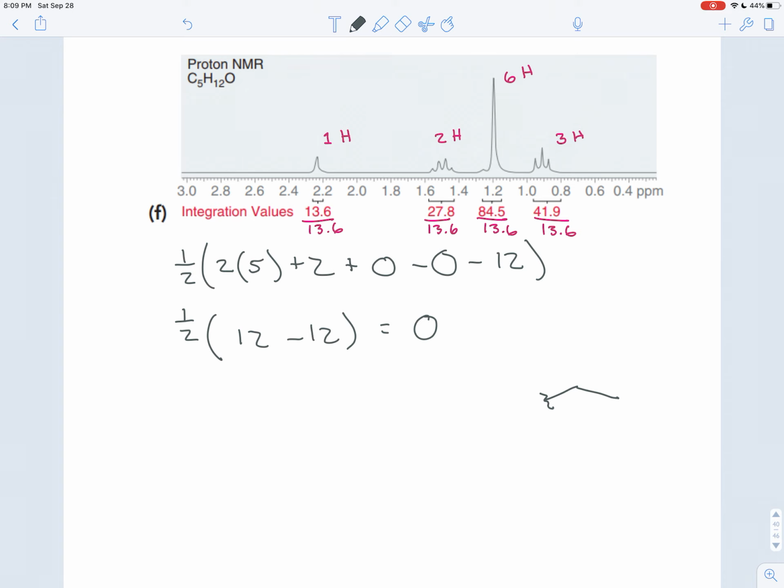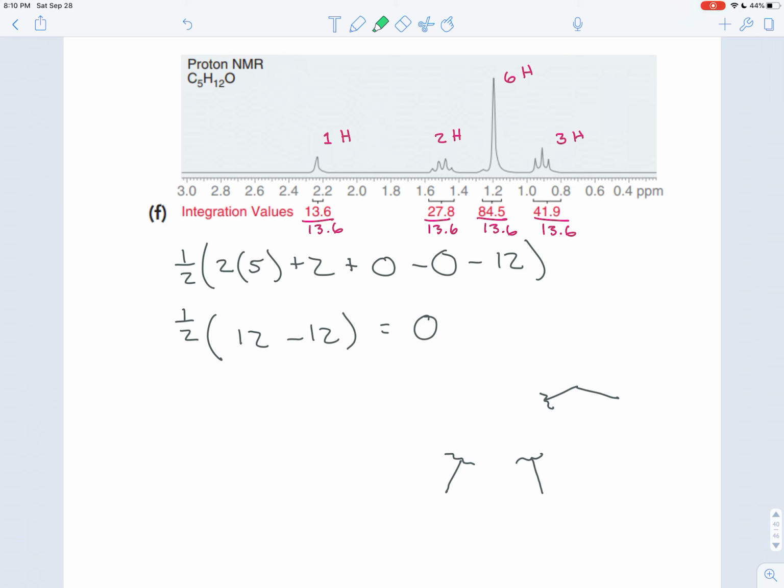And if they're in singlets, that also supports the fact that they would be in a methyl group, because it's easy to separate a methyl group from the rest of the hydrogens in a compound. So these 6 hydrogens, that's probably 2 methyl groups. And in order for them to show up in one signal, they have to be attached to the same carbon, because they have to be in the same electronic environment to show up in that same signal.